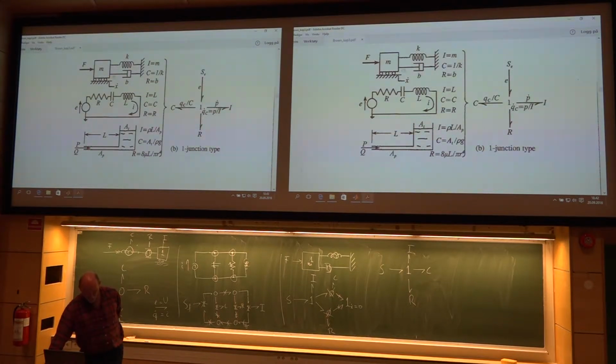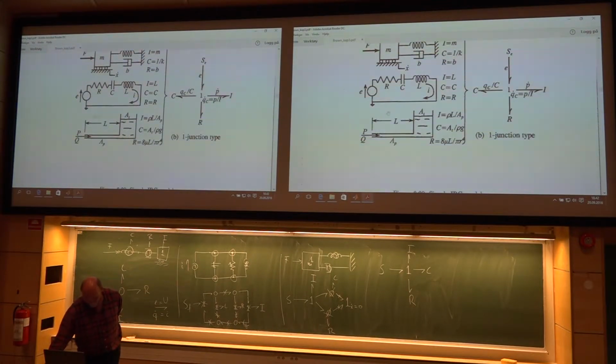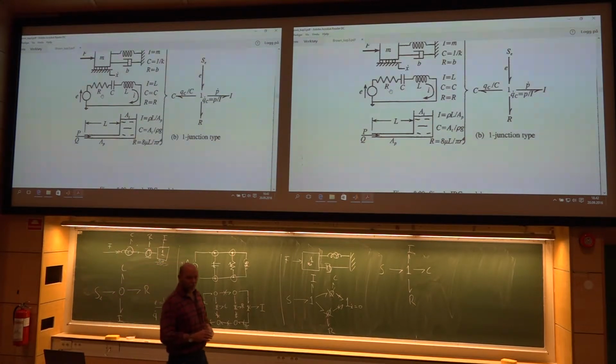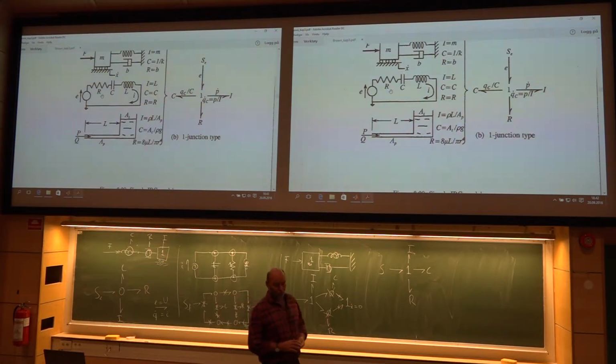Effort source, since here they say it's the force acting, then obviously. For the electric and also for the fluid, use 1 junctions when you have the same flow going straight through the elements. Here they will be in series, so you will have a 1 up to an R, 1 up to a C, and 1 up to the inertance, and so on.